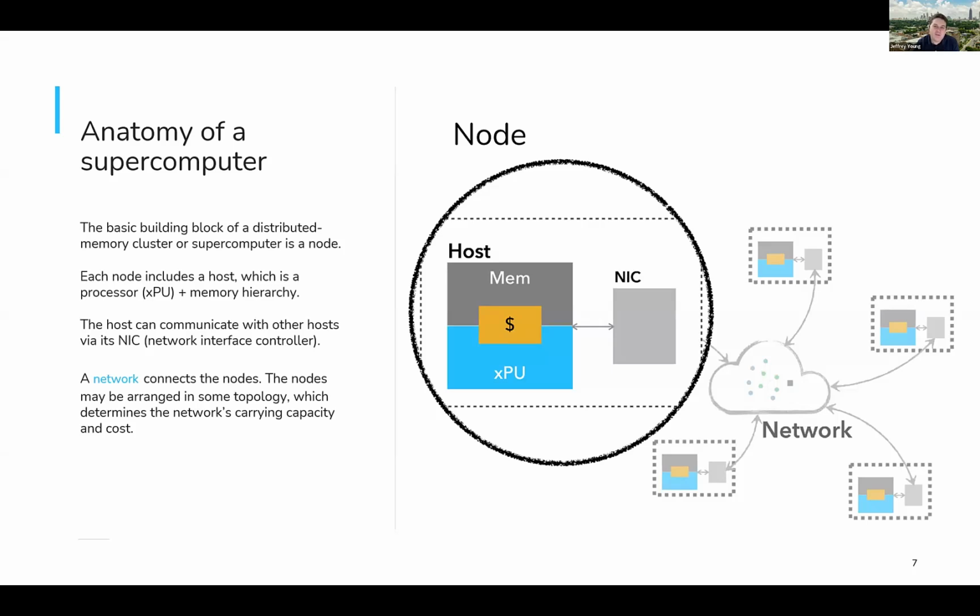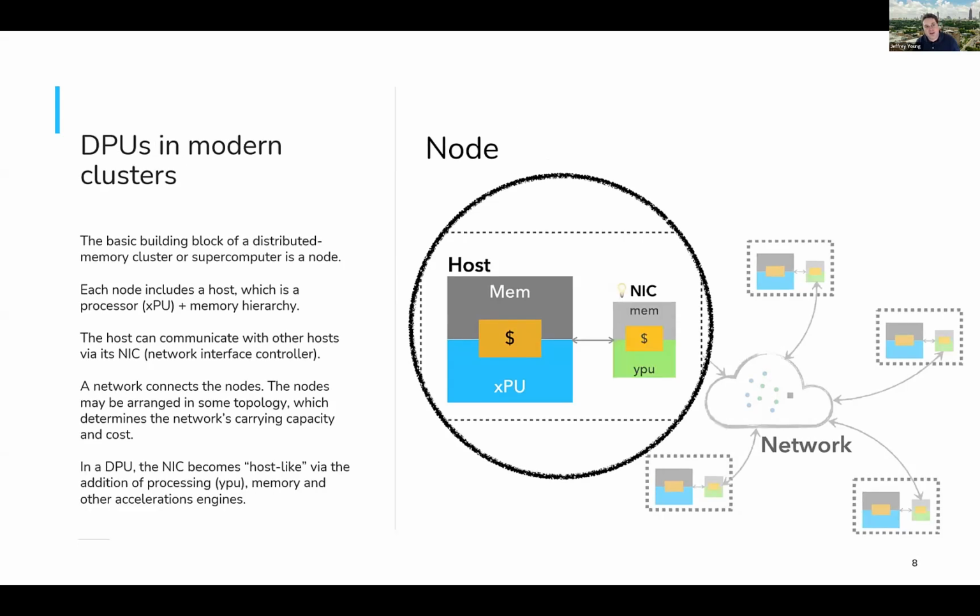And then that host is connected to other nodes via the NIC, the network interface controller. Obviously, we have this thing called the network. The network may vary depending on the type of system, whether it's a supercomputer with a very high-speed network, or maybe it's a data center or a more traditional Beowulf type cluster. That network may vary, but the structure is very similar for all of these types of systems.